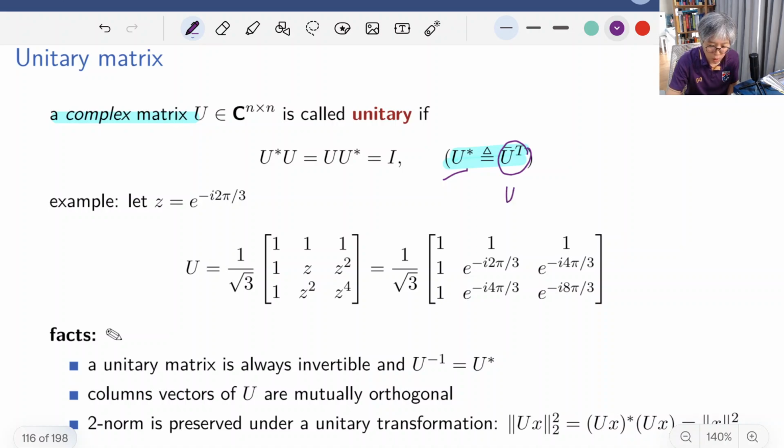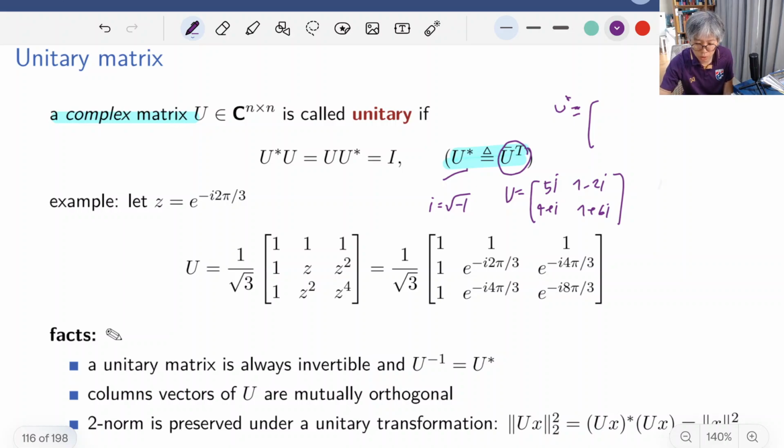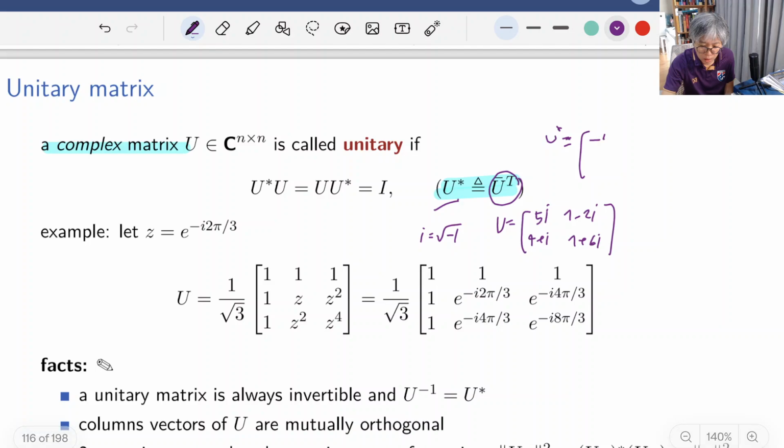For example, if U is 5i, 1 minus 2i, where i is the root of negative 1, 4 plus i, 1 plus 6i, then U star is simply the transpose followed by the complex conjugate. That gives minus 5i, 1 plus 2i, 4 minus i, and 1 minus 6i. That's the U star.